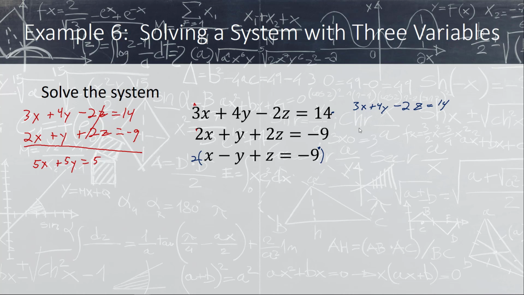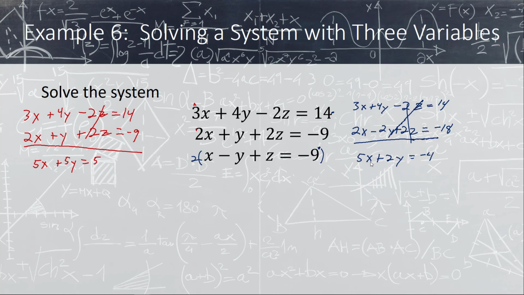And then I will have 2x minus 2y plus 2z is equal to -18. Okay, adding these together, these cancel. I have 5x plus 2y is equal to -4.